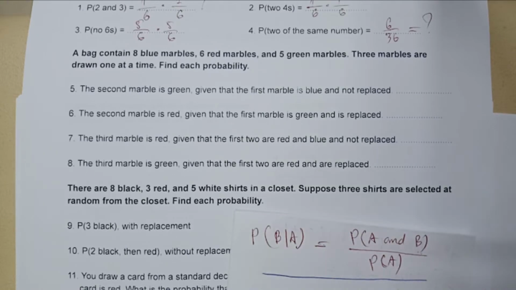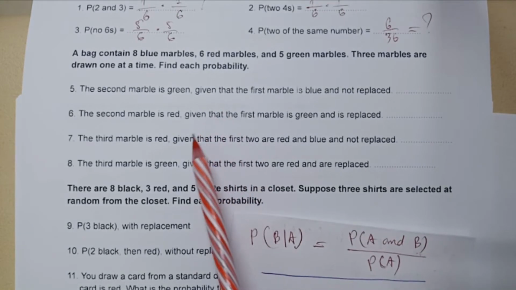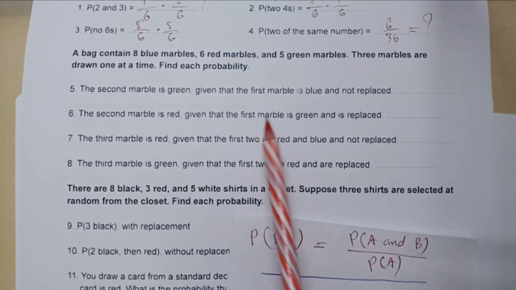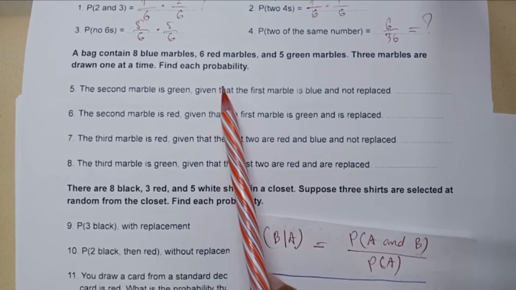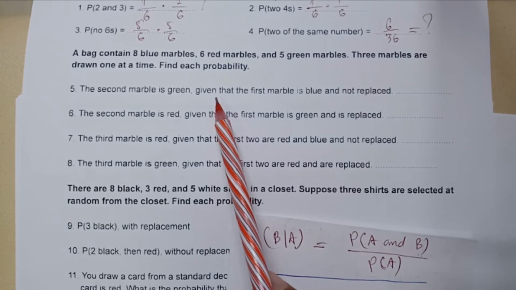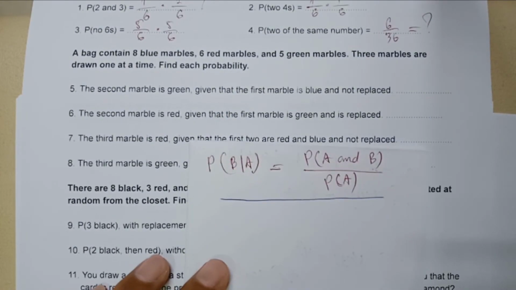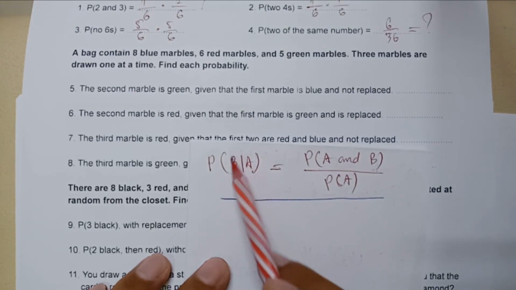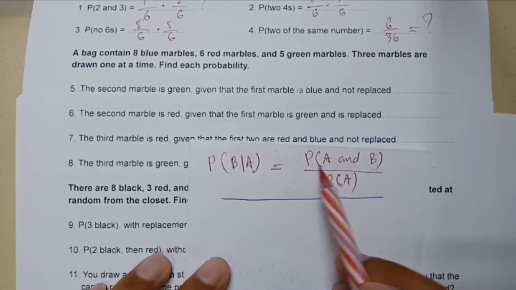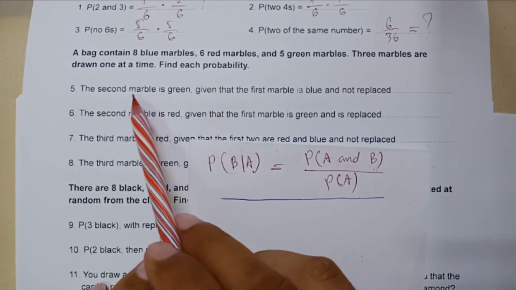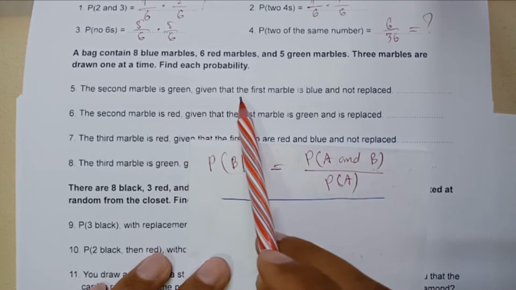Because they use the term given or if, this will give you what we call conditional probability. This is the formula for this. P of this event, given that, second marble green, given that.